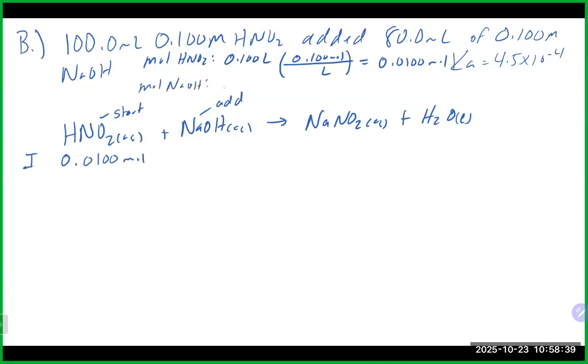We got 0.08 liters, again converting that milliliters into liters, times the 0.1 moles per liter, which is our molarity. Going to get us 0.008 moles here. So pop that in there, 0.008 moles in this case. So we have 0 of that as well.